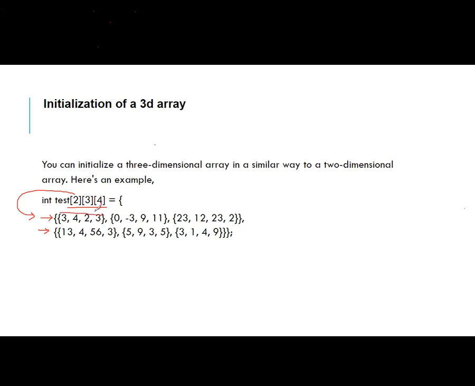This is indicated by this, and each of them will be having 3 groups. Can you see this entire bracket? You are having 3 groups in each of them, which will be indicated by this one. So if you want to initialize and use a 3-dimensional array, you can use it in this manner.